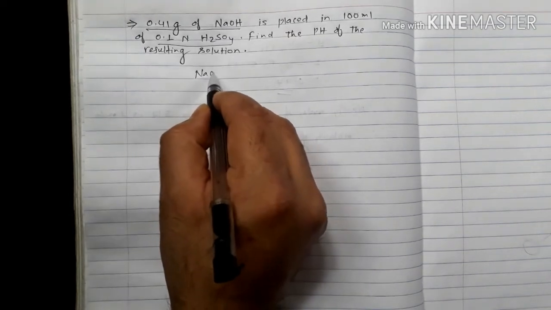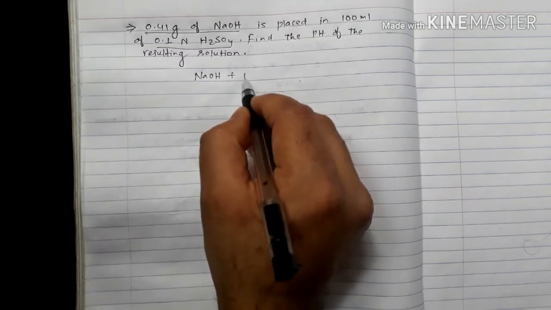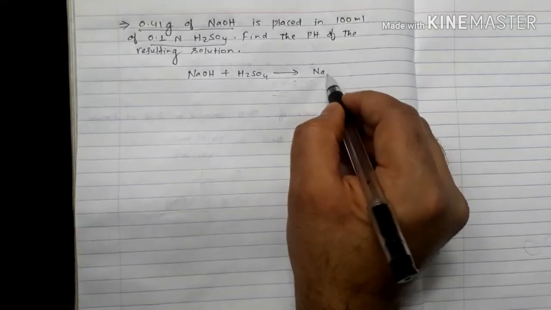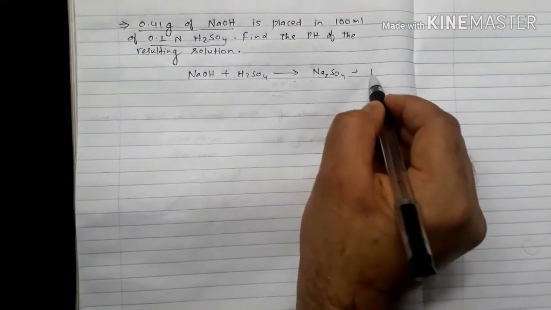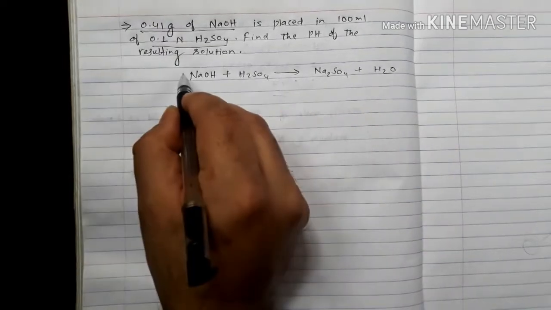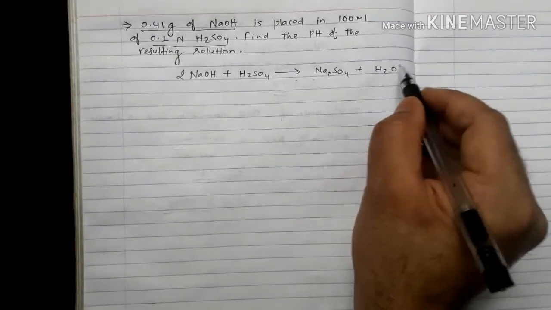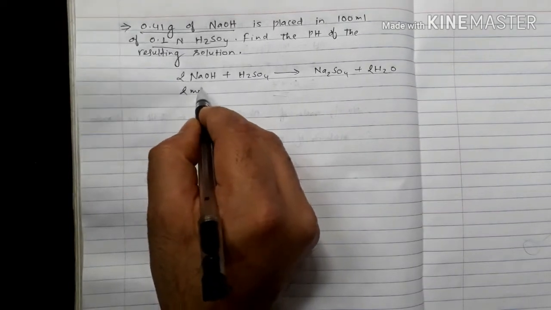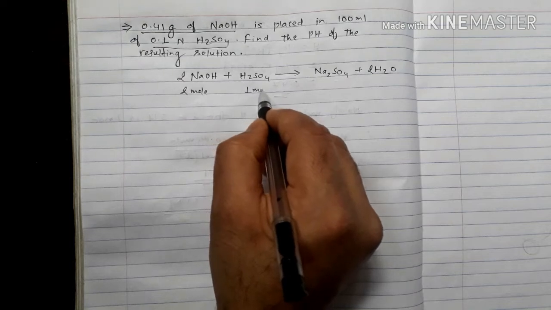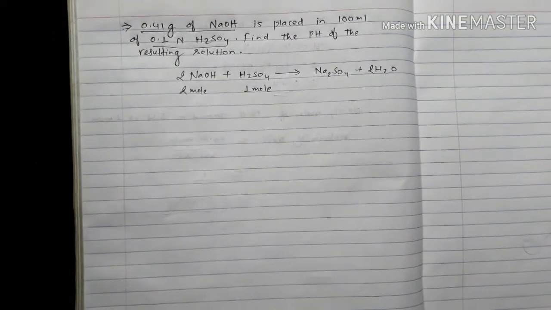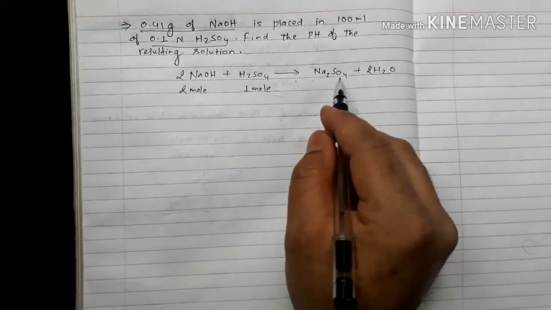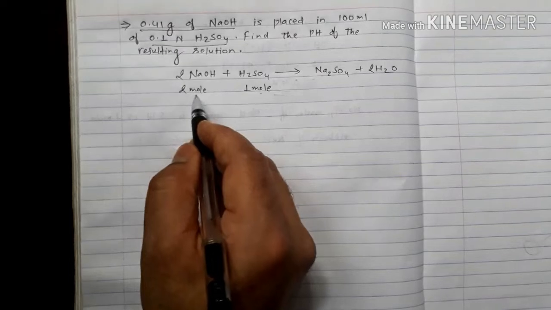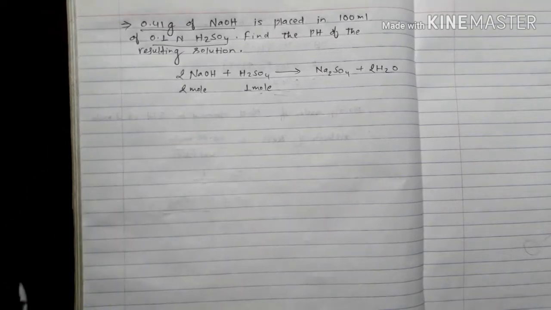The reaction is NaOH plus H2SO4 gives Na2SO4 plus H2O. Equivalence here is 2 and here is also 2. 2 moles of NaOH react with 1 mole of H2SO4 to give Na2SO4 and 2H2O. 1 mole of H2SO4 neutralizes 2 moles of NaOH.